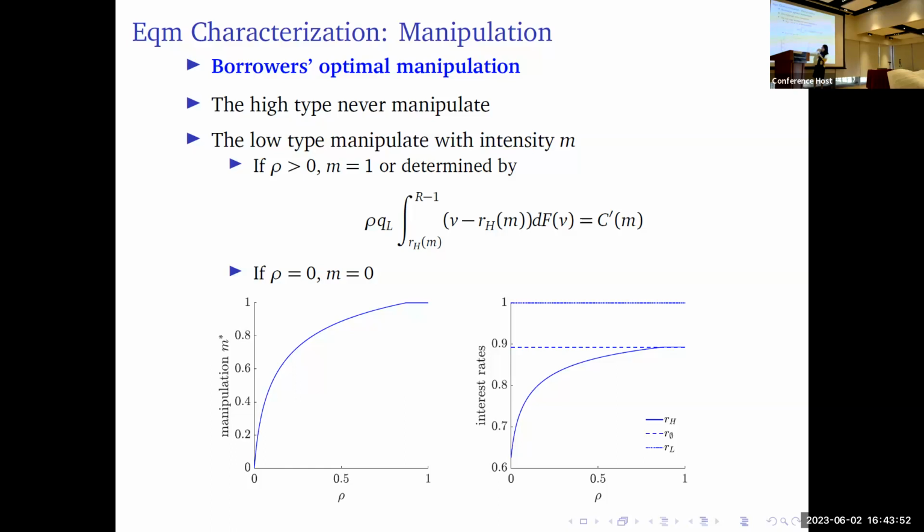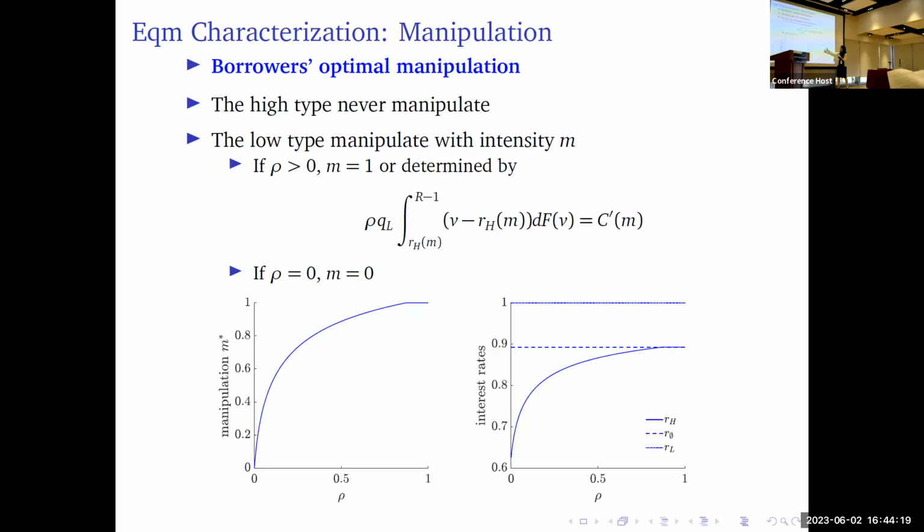So this is an increasing function. In the extreme case, all the low types will mimic their digital profile, so the manipulation intensity becomes 1. As I will show later, this is the key mechanism driving our results. The endogenous limit of big data in the credit lending market is driven by this.